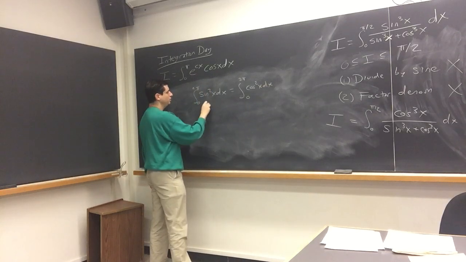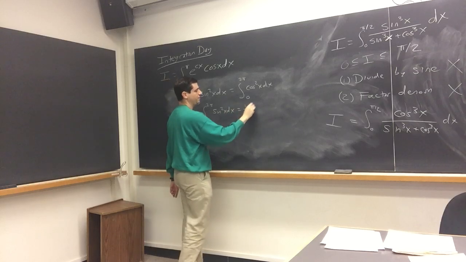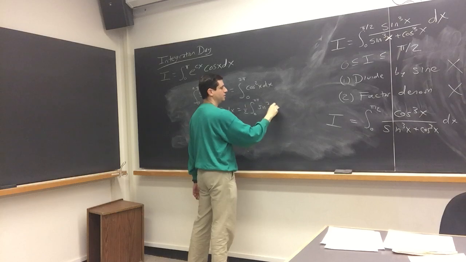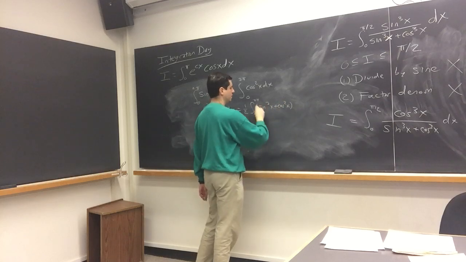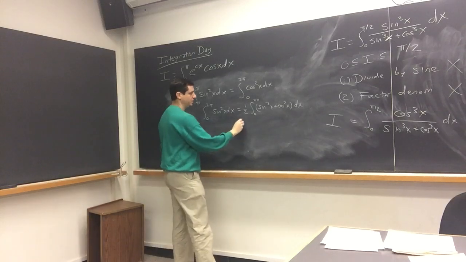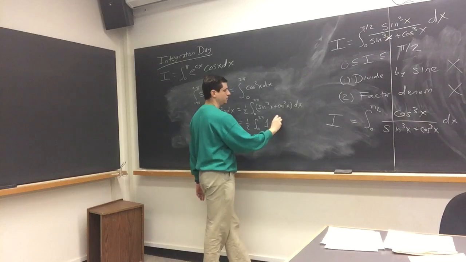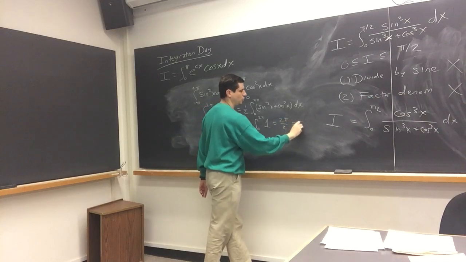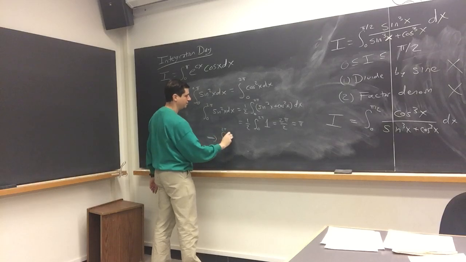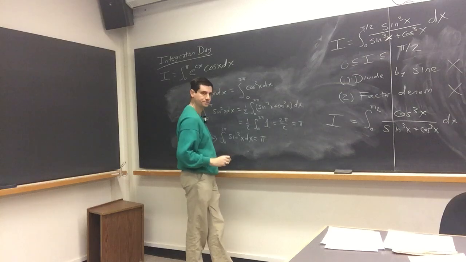So the integral from 0 to 2 pi of sine squared of x dx is just 1/2 the integral from 0 to 2 pi of sine squared of x plus cosine squared of x dx. And now we can use the idea from earlier that this is just 1, and this will just be 1/2 integral from 0 to 2 pi of 1. So we get 2 pi over 2 or pi, and thus the integral from 0 to 2 pi of sine squared of x dx is pi.